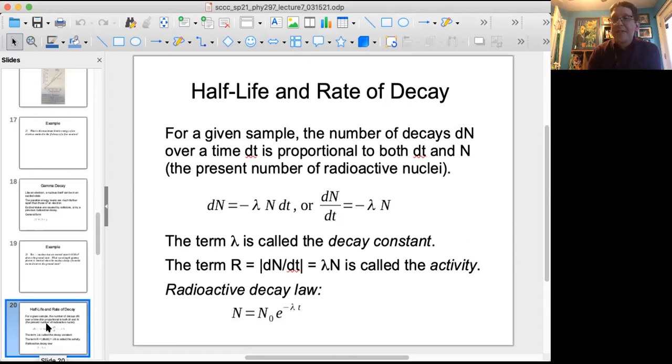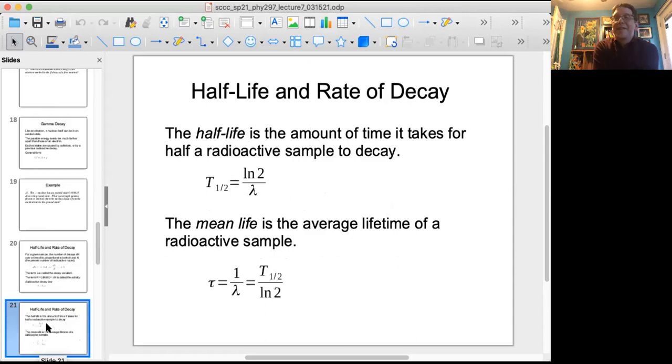Over a certain amount of time, half of the radioactive substance will decay. Over that same amount of time, half of the remaining substance will decay. And over the same amount of time, half the remaining substance will decay. And that's why it's convenient to talk about the decay rate in terms of the half-life. The half-life and the decay rate are very closely related to each other. If you know one, you can figure out the other.